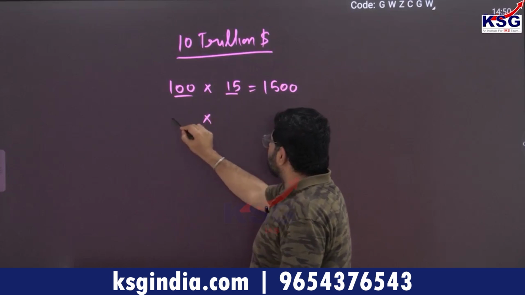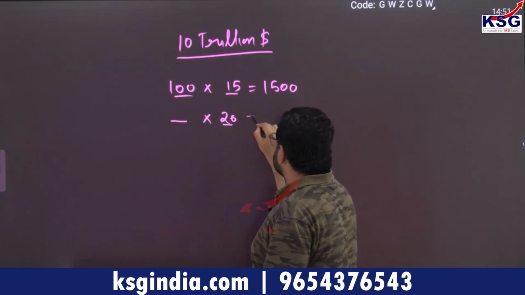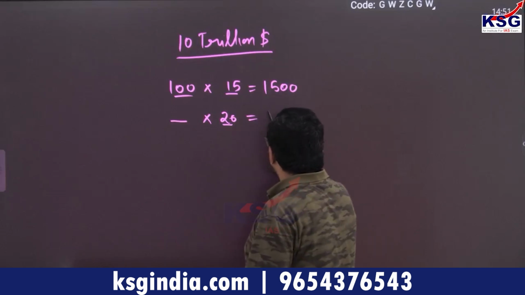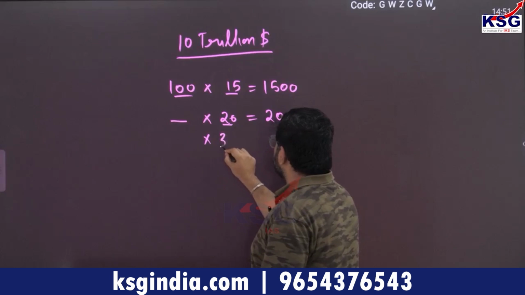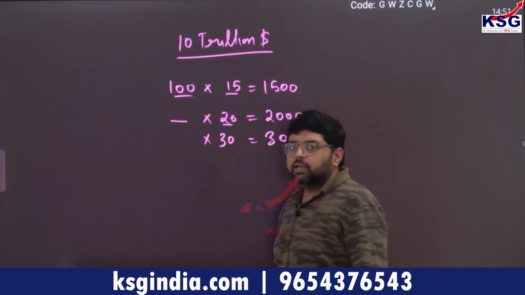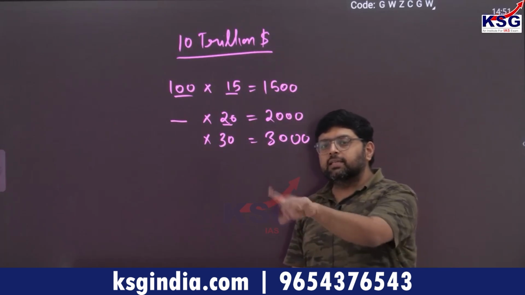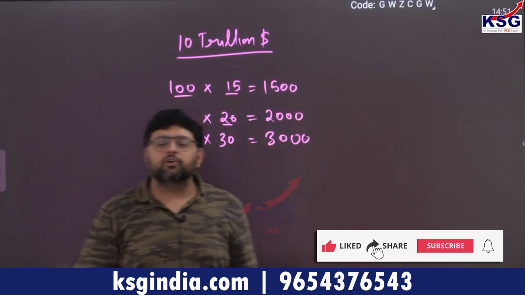Now you keep the production the same at 100 and increase the price, that means inflation, and without increasing the production you can increase the GDP, to 2000, or 3000. So nominal GDP can be increased even without increasing the production, that is by increasing the prices or by inflation.